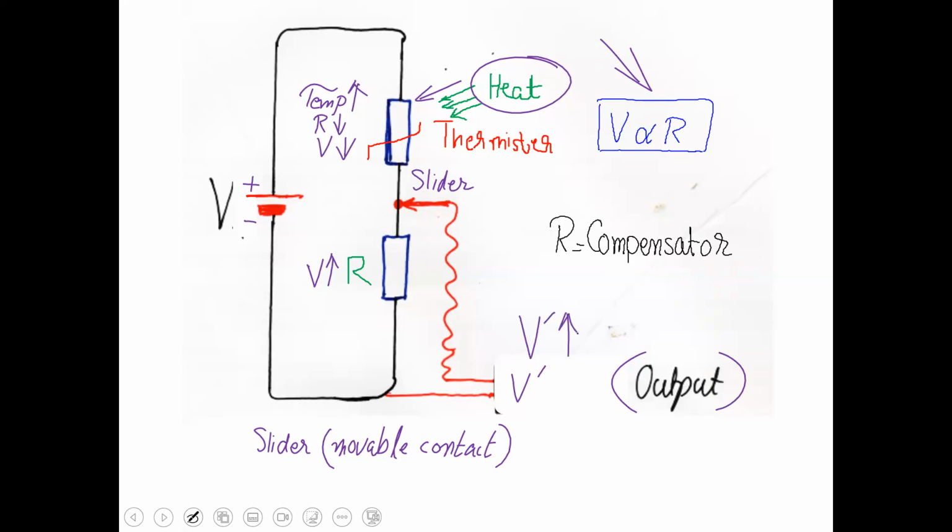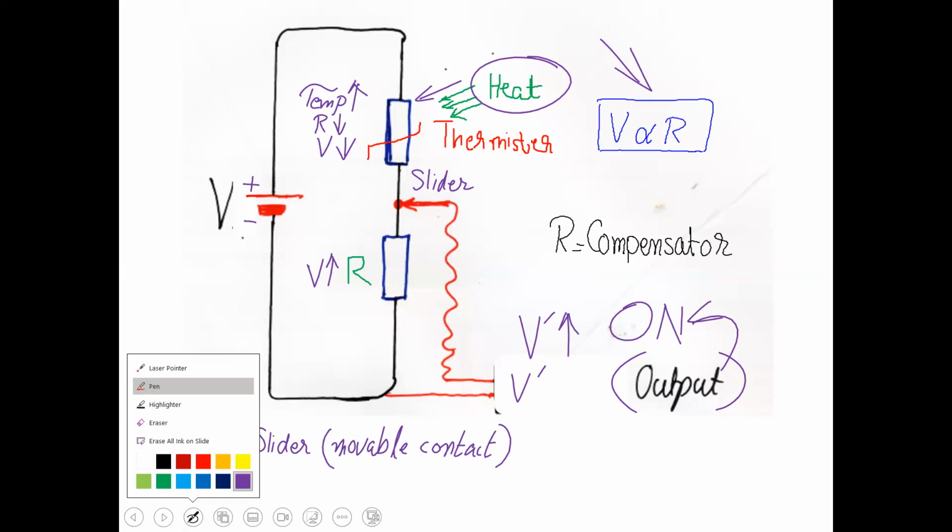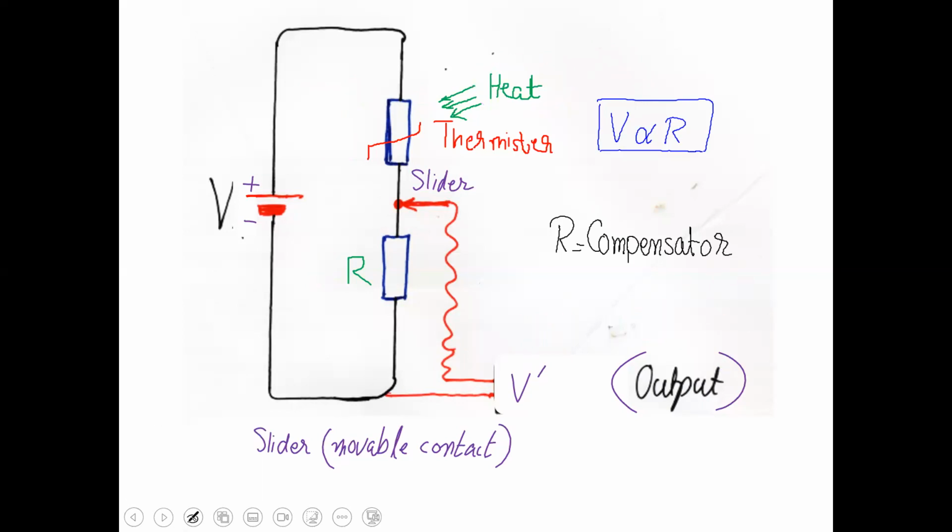So what happens when heat is falling on this circuit? The device will get more voltage here and this device will switch on. For example, a fire alarm. I repeat from the start again, so please listen carefully. Heat is falling on the thermistor. Temperature increases, resistance decreases, voltage across it decreases.